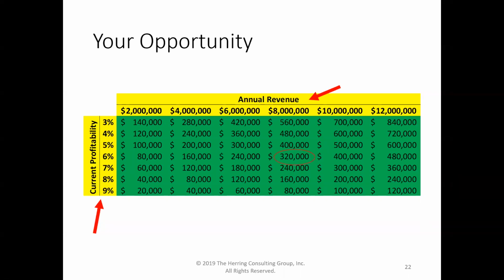In this example, you'll see that 320,000 is the intersection between 8 million and 6%. This says that an $8 million company's got $480,000 on the bottom line, and we think should have at least 800,000 on the bottom line. That's a $320,000 opportunity. But that's not all. Man, I sound like a salesman saying that.